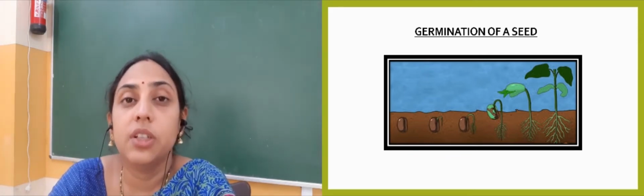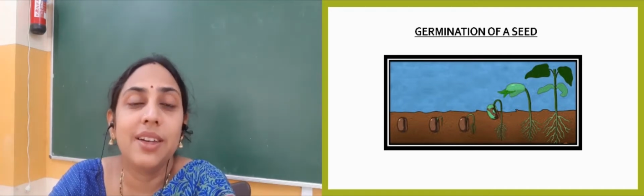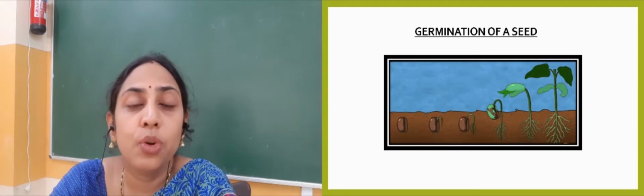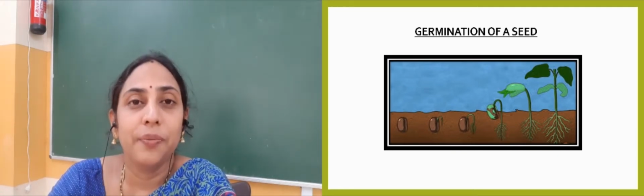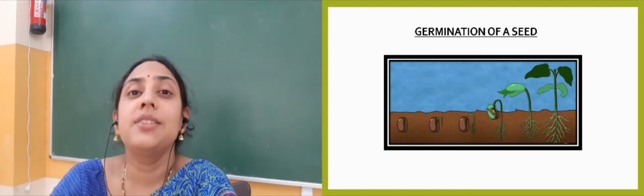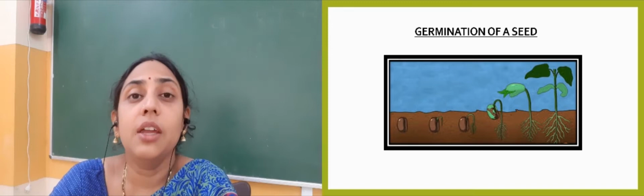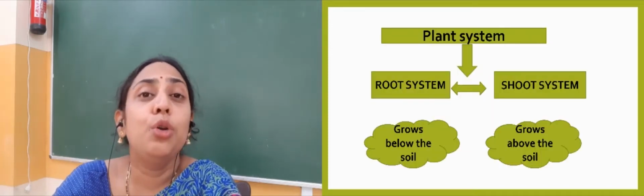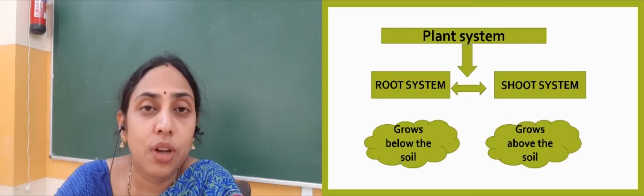Now when the seed germinates, the first tiny part that comes from the sprout or the baby plant is the root, right? If we see the different parts of the plant, the plant can be divided into two parts, that is root and shoot, right?